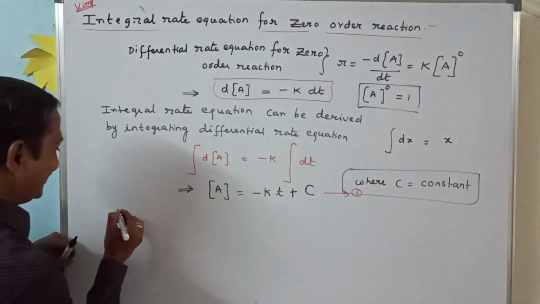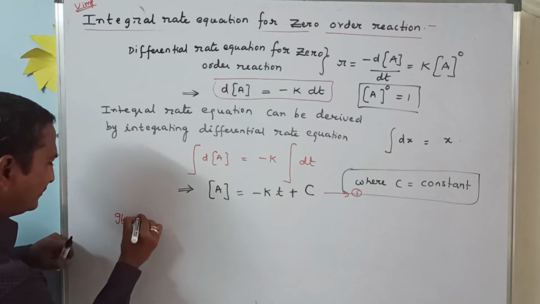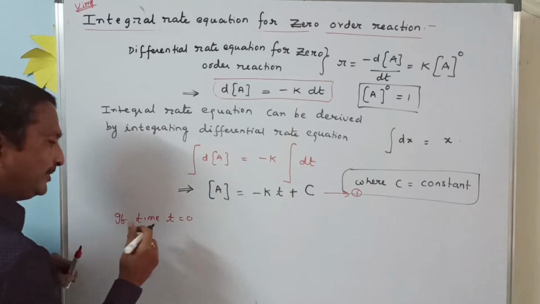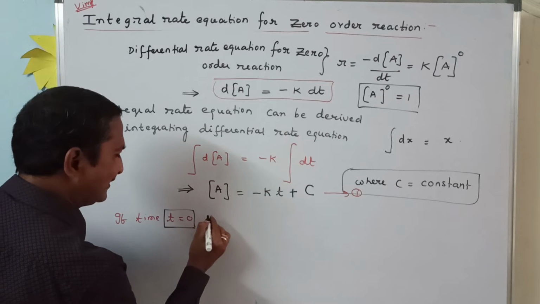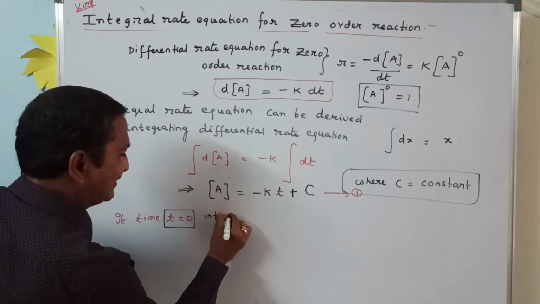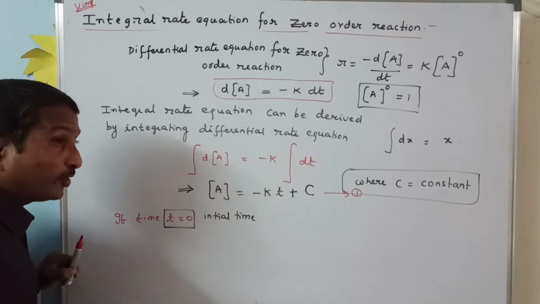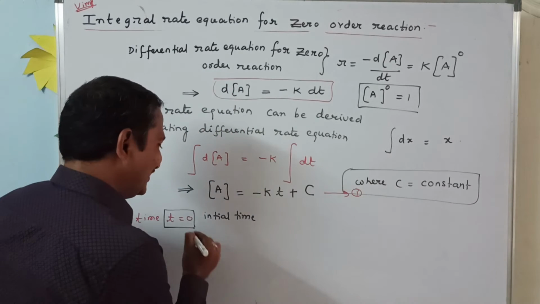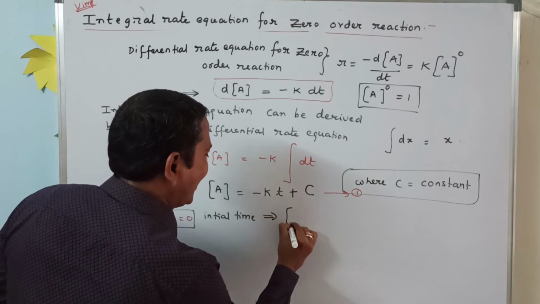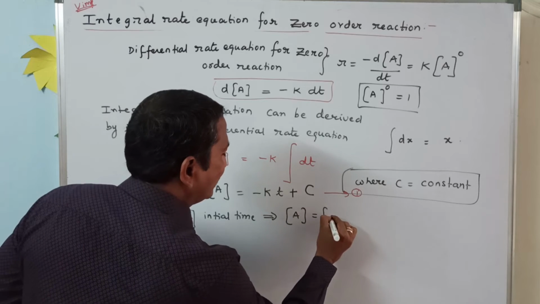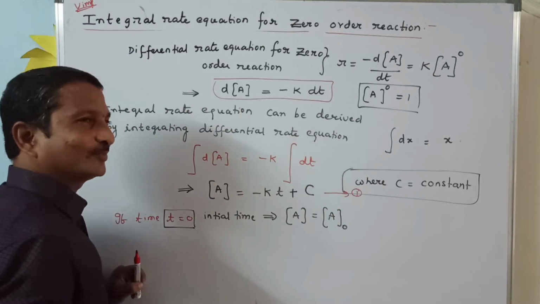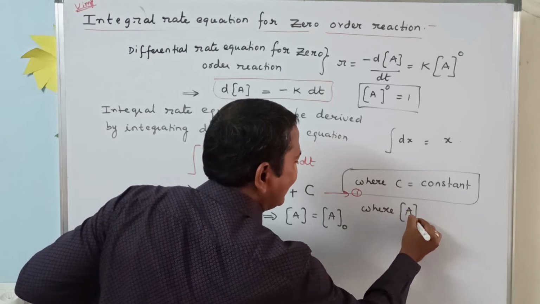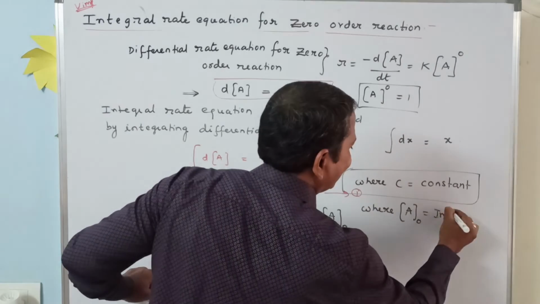See, if time t is equal to 0, time t equal to 0 means initial time, before starting the reaction, before progressing the reaction. That implies [A] is equal to [A]0, where [A]0 is the initial concentration.